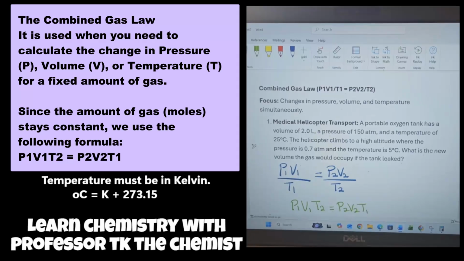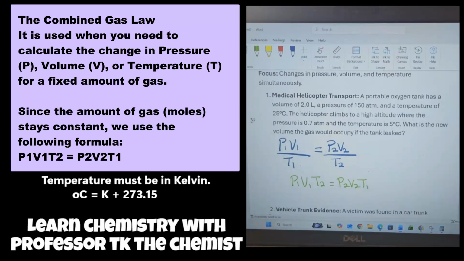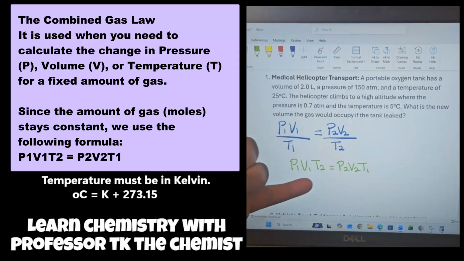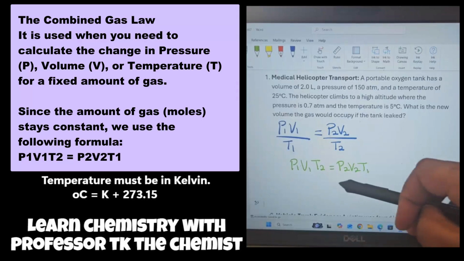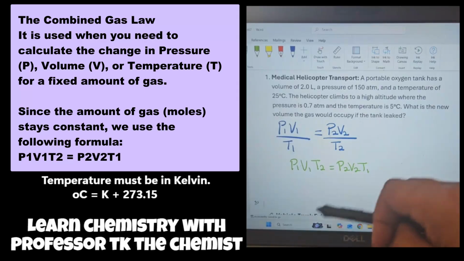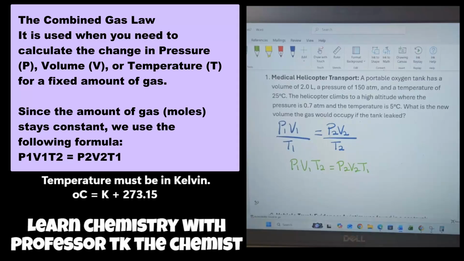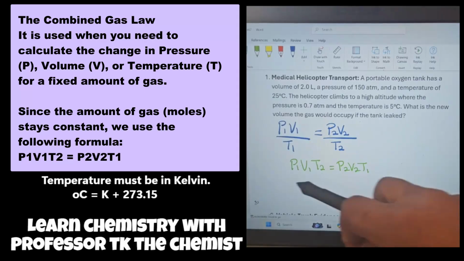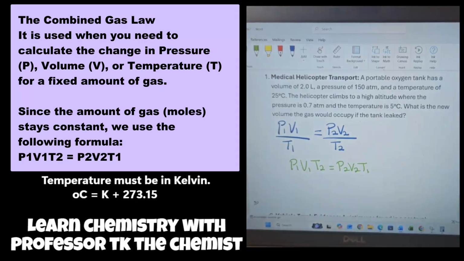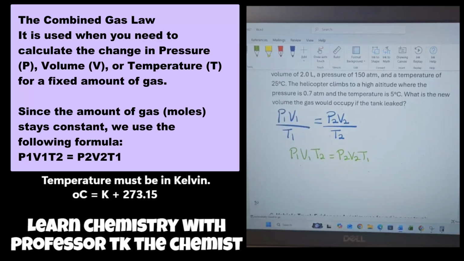So when you actually go in and solve this problem, either these 3 numbers are going to be given or these 3 numbers are going to be given. But you're going to divide by the other variables. That's how you do these types of problems. Either this one side is going to be given and you're just going to divide by the other 2 numbers. That's how you should look at these examples.